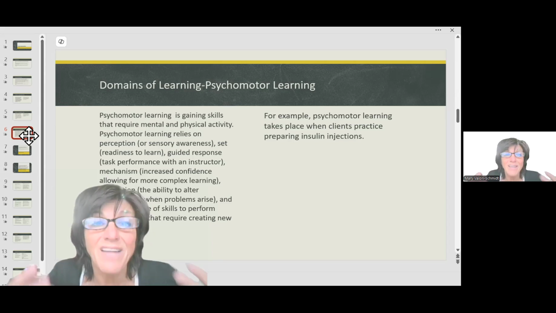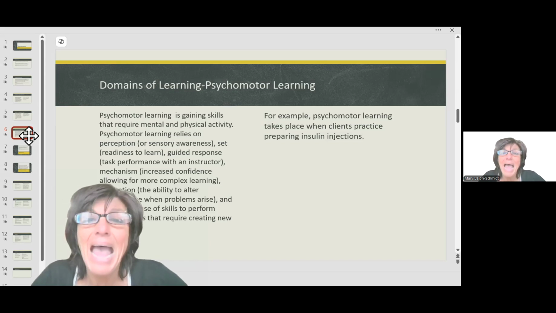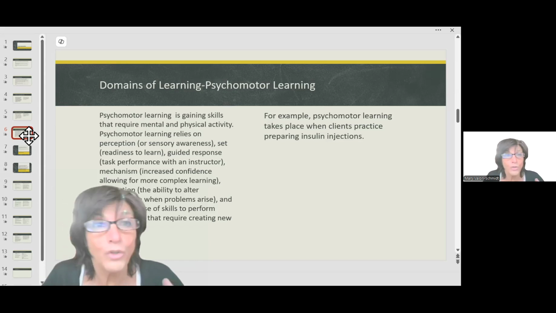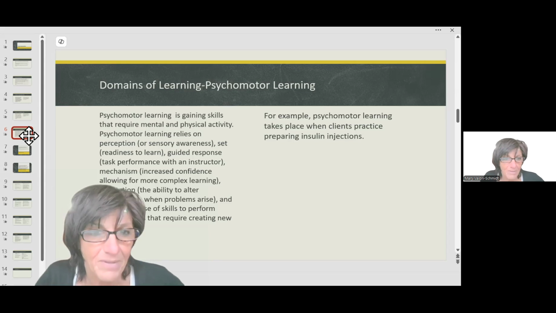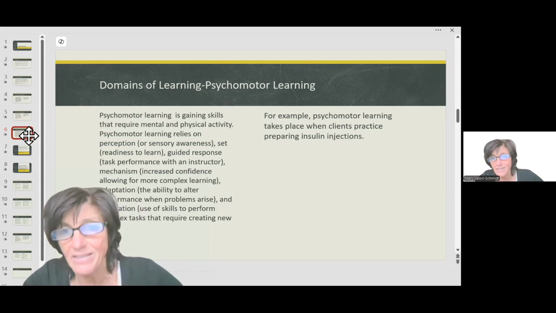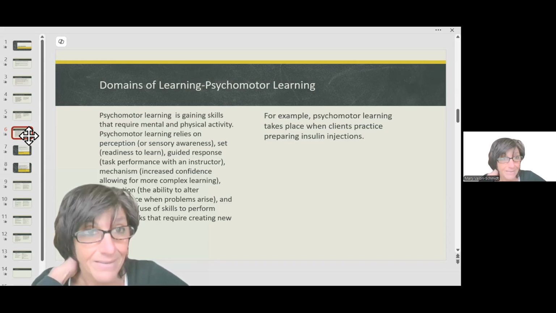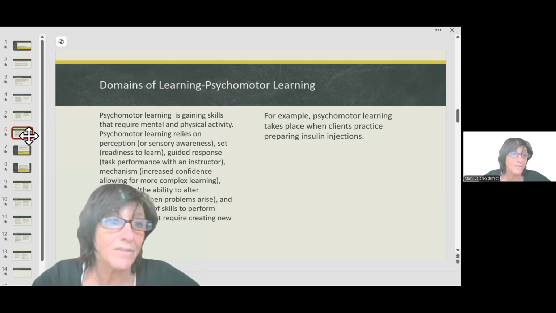Mechanism, which is increased confidence, which lets you learn more complex things. Adaptation, alter what you're doing if a problem pops up. And then origination, using skills to perform complex tasks that require creating new skills. Here's an example. Psychomotor learning takes place when the clients practice preparing their own insulin injections.